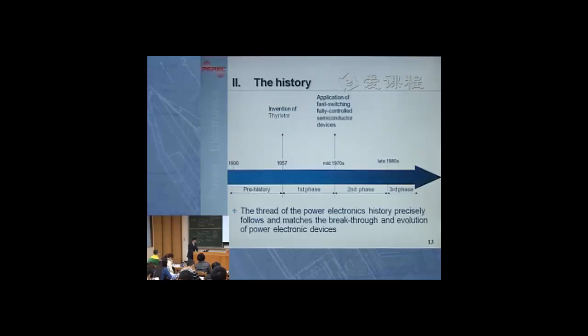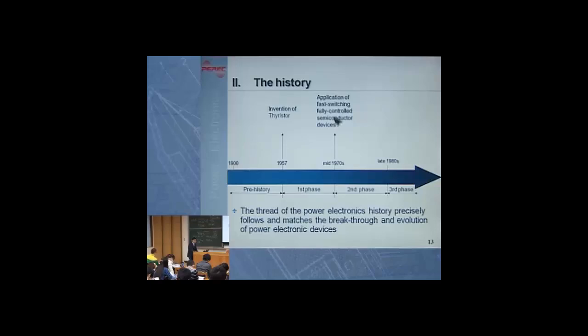The history of power electronics is also very clear. It precisely follows and matches the breakthroughs of power devices. Once you have better devices, power electronics evolves to another stage. In 1957, when the thyristor was invented, it entered the first phase.